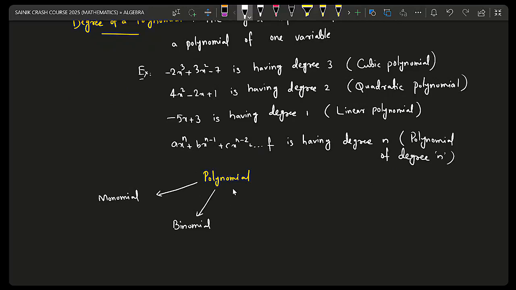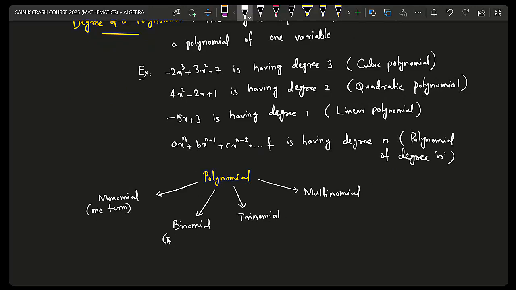And if it is having three terms, it is called trinomial. And more than three terms, we call it multinomial. Monomial means having one term only.